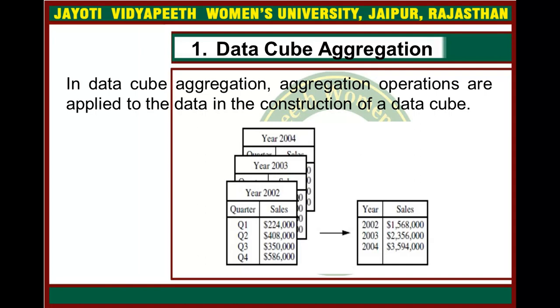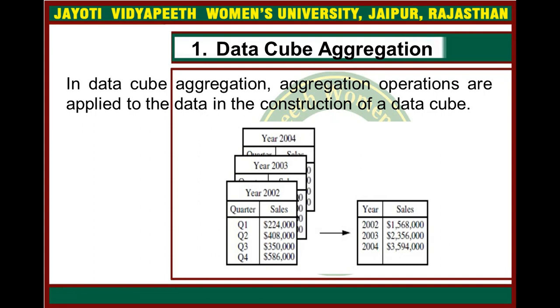Okay, so just for an example, in this figure, the data of all electronics sales per quarter is shown. Okay, means here data of per quarter sales are shown. The year 2002, year 2003 and year 2004, we have these three years of data, right?